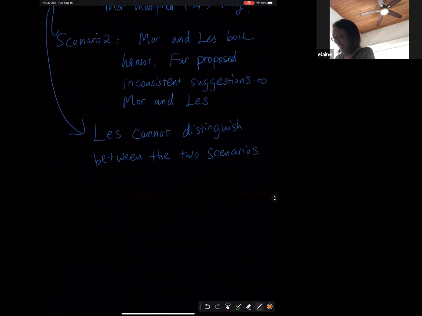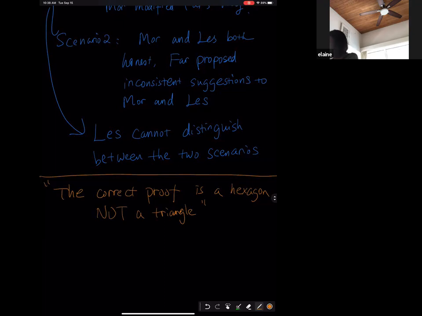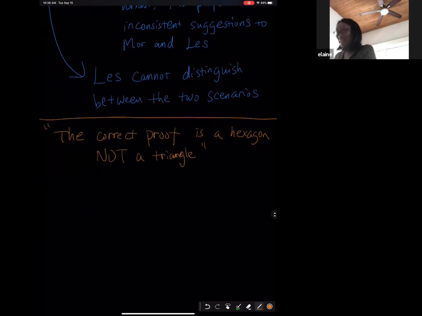The key takeaway is the correct proof is a hexagon, not a triangle. Okay. So joking aside, let's now prove the theorem together.